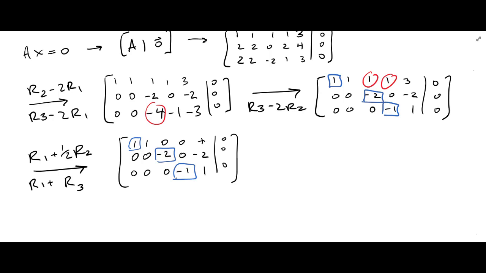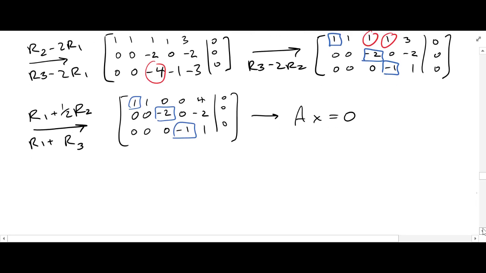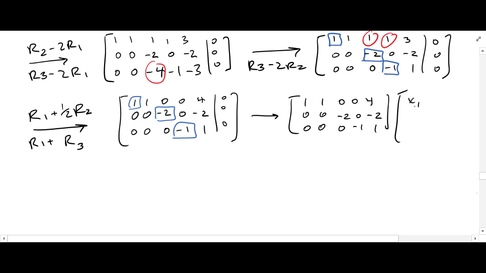Okay, so I'll write out the system of equations we have right now. This was AX equals 0, but really this is the matrix 1, 1, 0, 0, 4; 0, 0, -2, 0, -2; 0, 0, 0, -1, 1, times x1, x2, x3, x4, x5 equals 0, 0, 0.